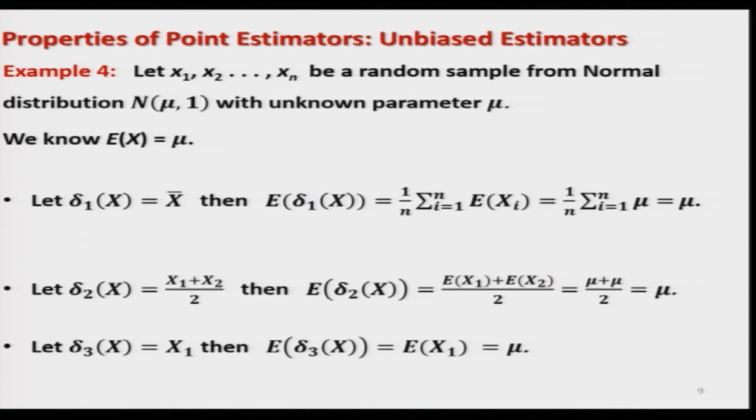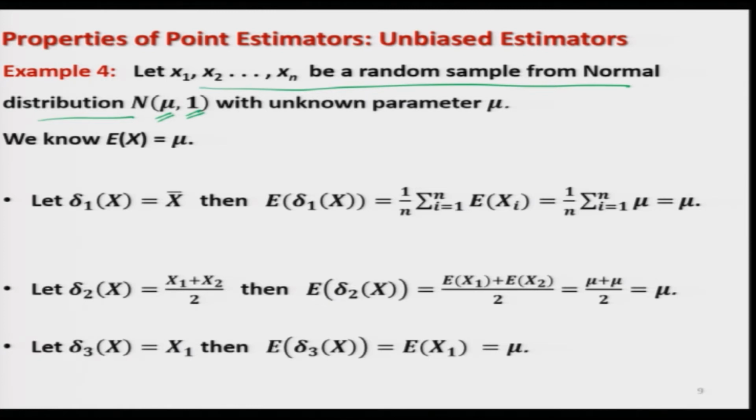Similarly, I take one more example, where the sample x1, x2, ..., xn is coming from a normal distribution whose mean mu is unknown, but variance is known as 1. Now, I consider different estimators, and then I see their unbiasedness.